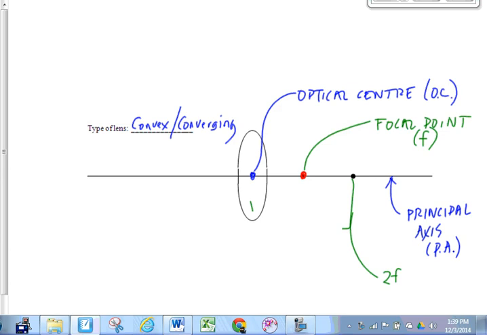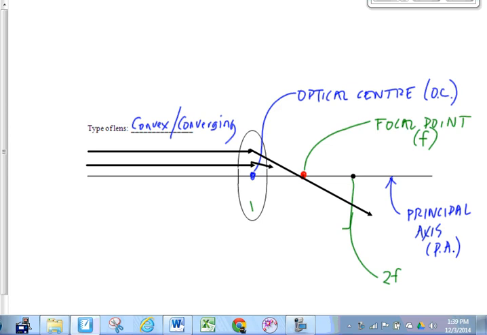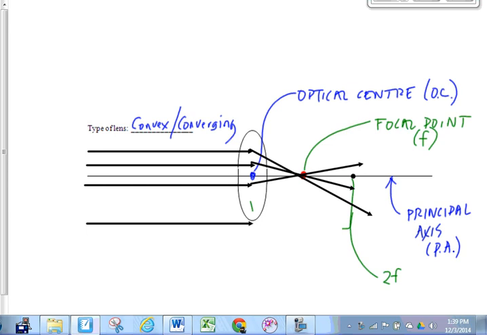So if I draw a ray right here, it will go through that focal point. If I draw a ray of light right here, it'll refract through that focal point. If I draw one right here, it'll go through that focal point. Way down here, assuming it actually hit the lens, it would go through that focal point.